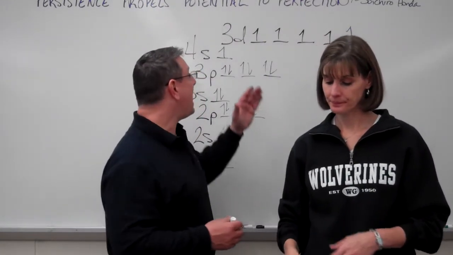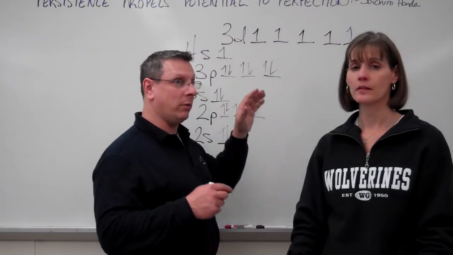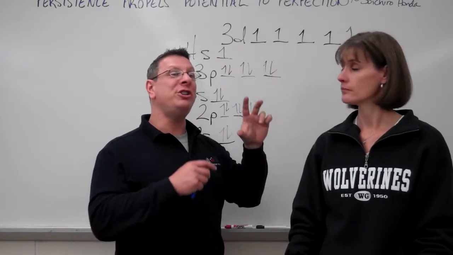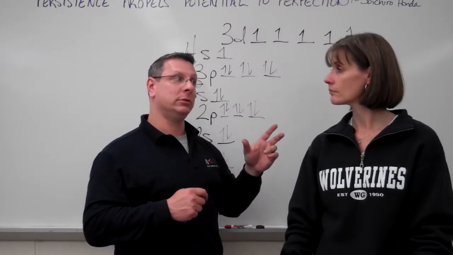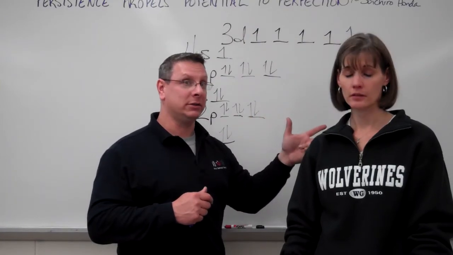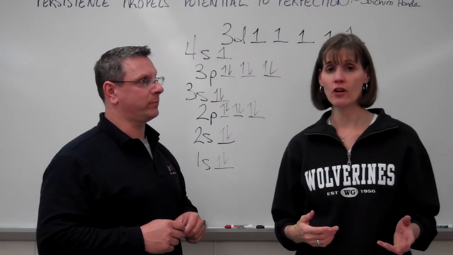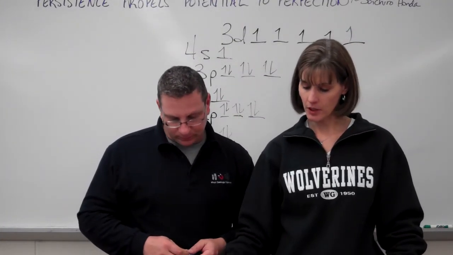That only happens when we have very high energy orbitals that are nearly half filled or nearly filled. If they're that close and they can get an electron to move over there, then they will. All righty. Well, next page.